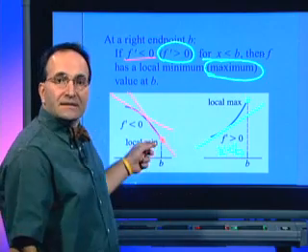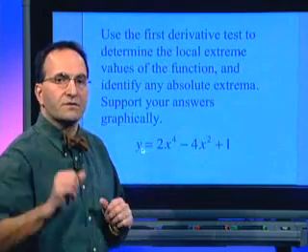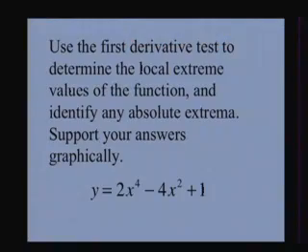Let's look at an example of where we can apply some of these theorems that we've looked at. Let's use the first derivative test to determine the local extreme values of the function and identify any absolute extrema and support your answers graphically.